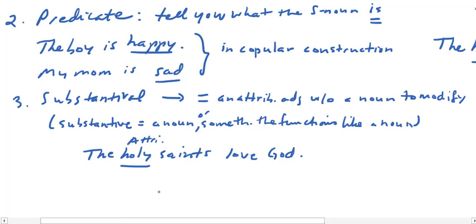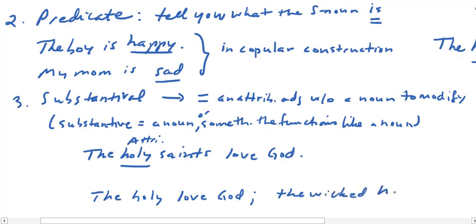Now, I could rephrase this sentence and use the attributive adjective without the noun saints and say something like, the holy love God, right? The wicked hate God. Okay, so where are my adjectives here?